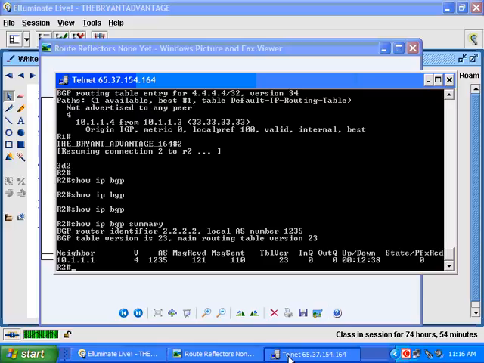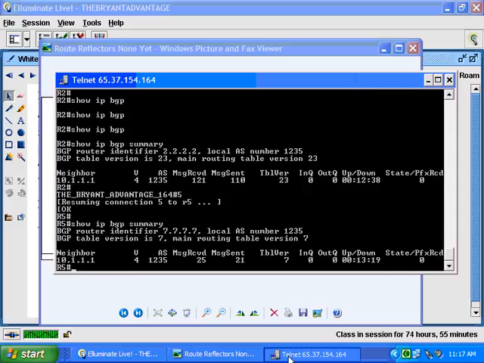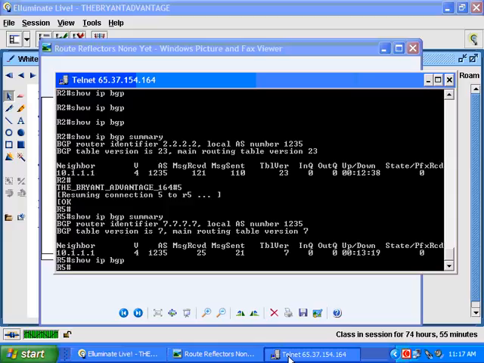And you can see in the next to the last column going from left to right, the up/down, it's been up for 12 minutes and 38 seconds. So that's not the problem. Let's go over to router 5. We see this adjacency back to 10.1.1.1 has been up for about 13 minutes. So the adjacency is not the problem.